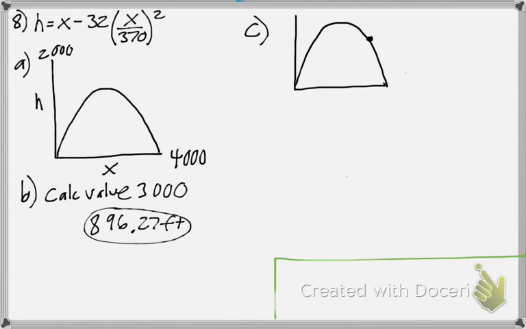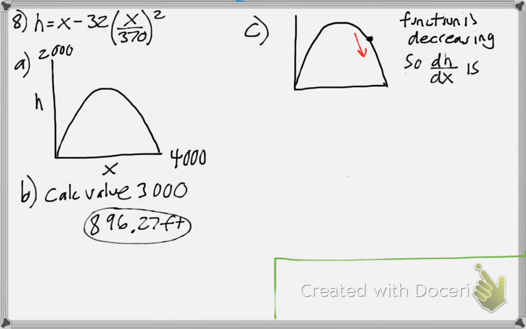Well, since this is decreasing at this point, it's going to be negative. So the function is decreasing. So dH over dx is negative.